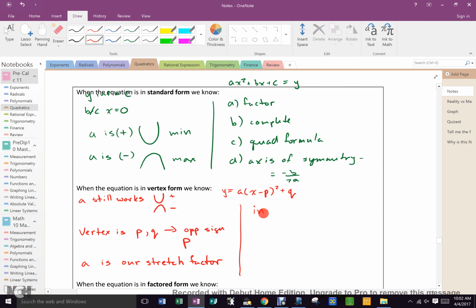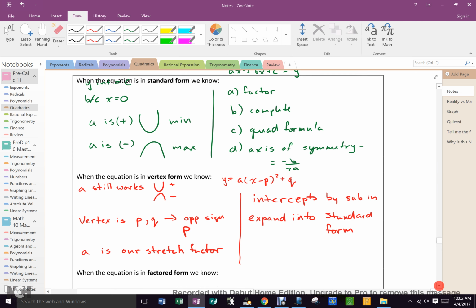So I can find intercepts by subbing in. I can also expand into standard form. And then I can do all this stuff. Everybody cool?